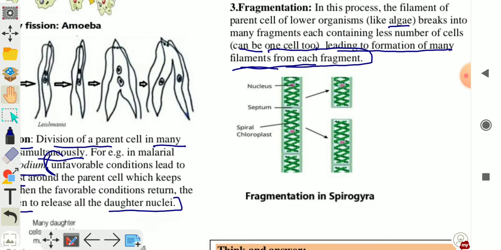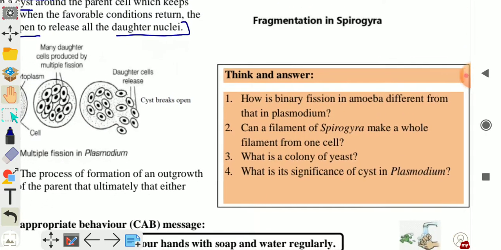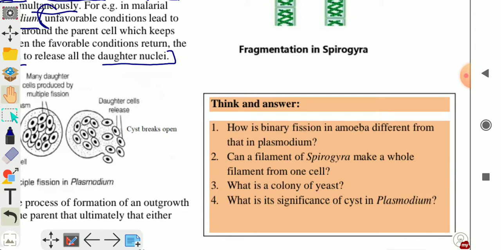Now think and answer. Now you have to check yourself. How is binary fission in amoeba different from that in Plasmodium?